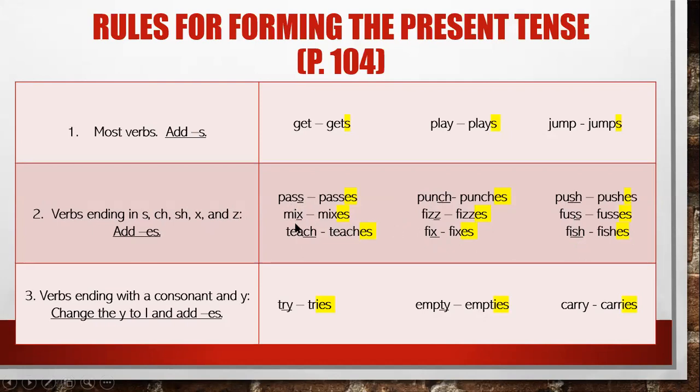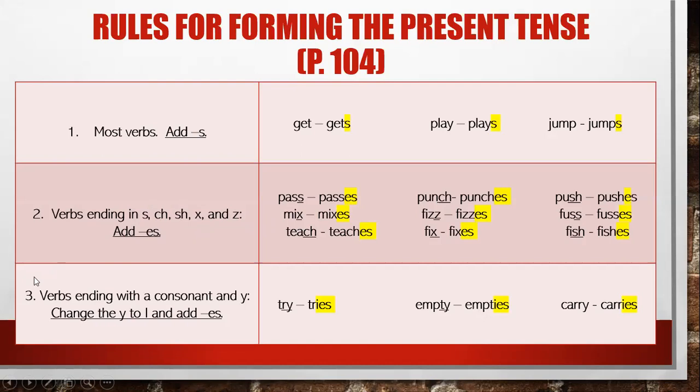So if you're working with verbs that have these endings, you're going to add ES to form the present tense, okay? Now don't forget that the verb only changes if the subject is singular.